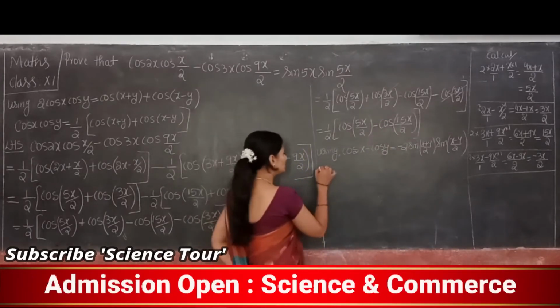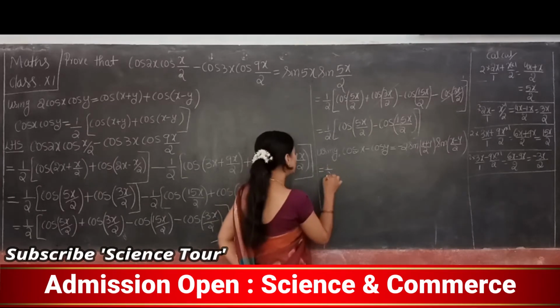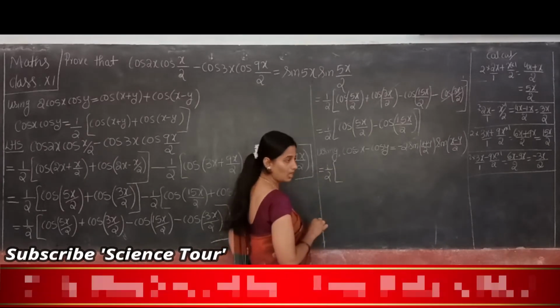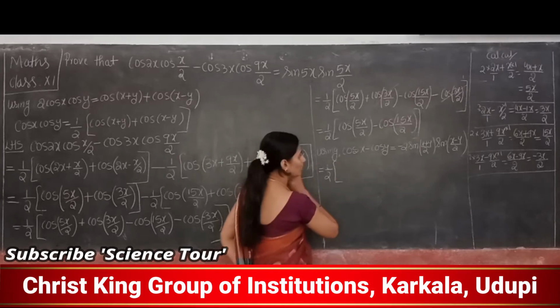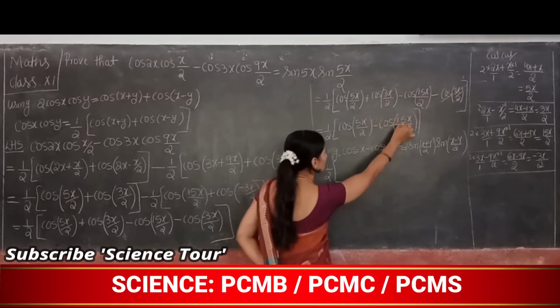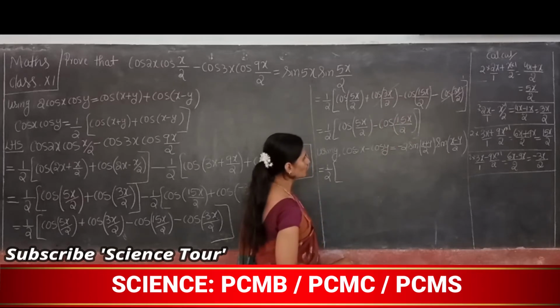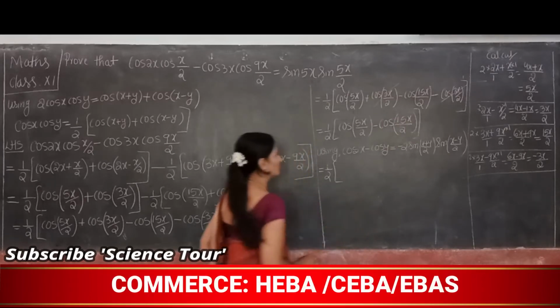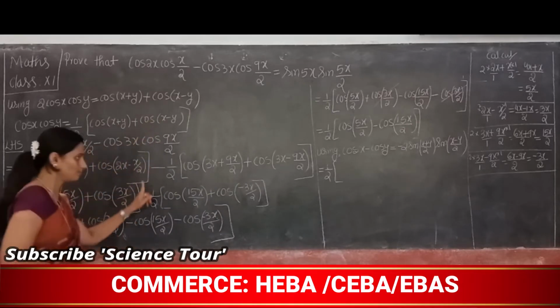Yes. Now this is equal to half. Now cos x minus cos y, so this is equal to 2 sin, so otherwise I will write here.